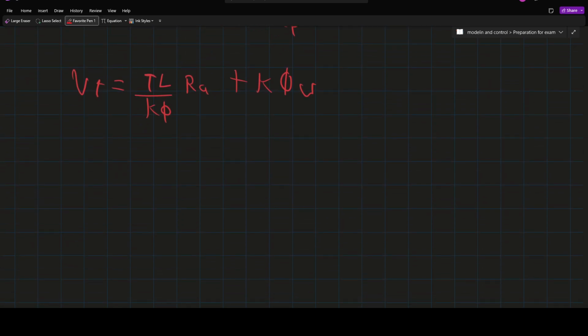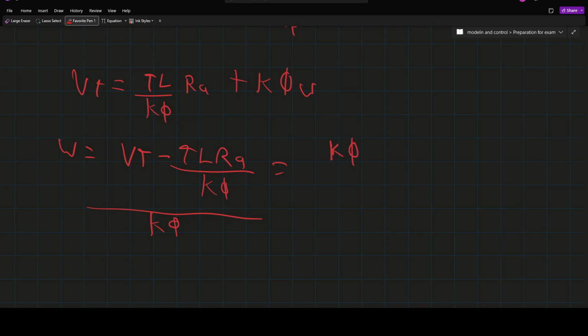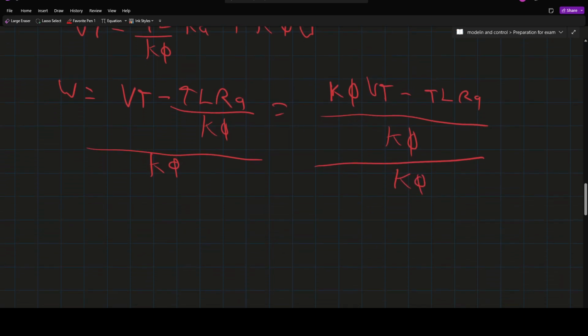Now we can solve for speed, and we are going to have Vt minus TL Ra over K phi, equal to K phi omega.